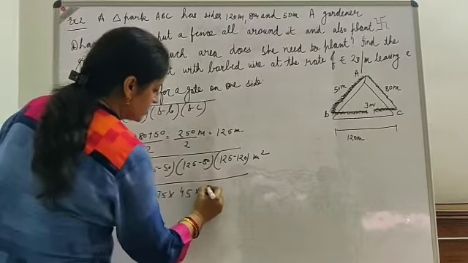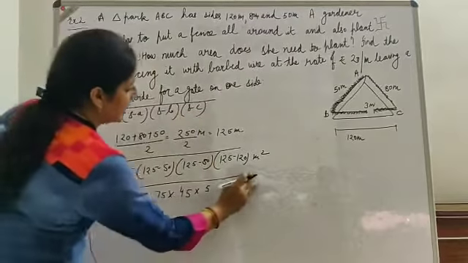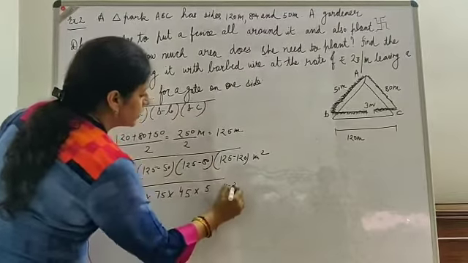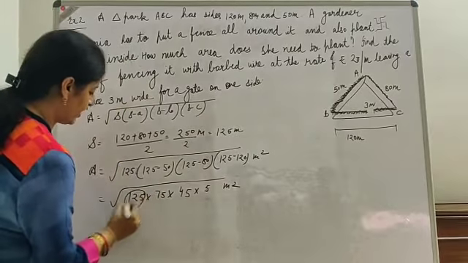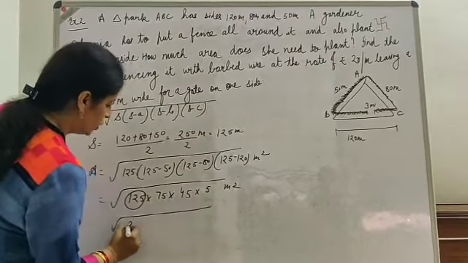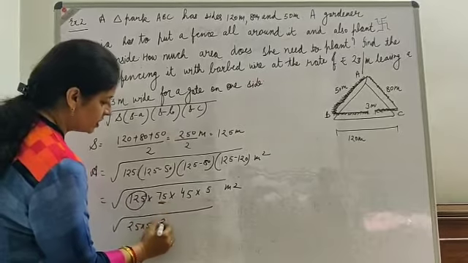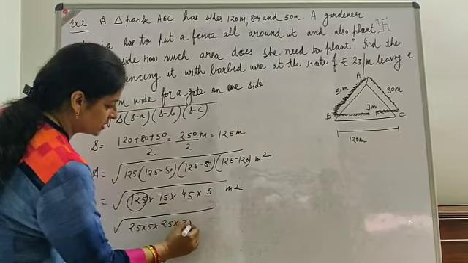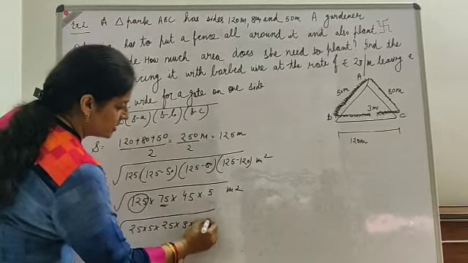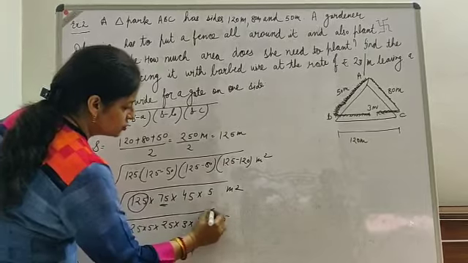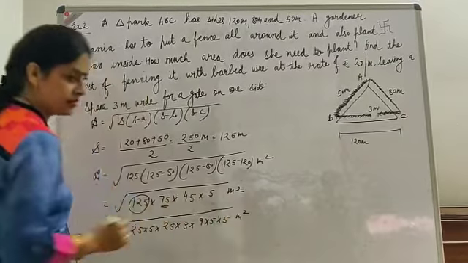And this is in meter square. This 125 can be written as 25 fives. This 75 is 25 threes. 45 is 9 fives, into 5 meter square.